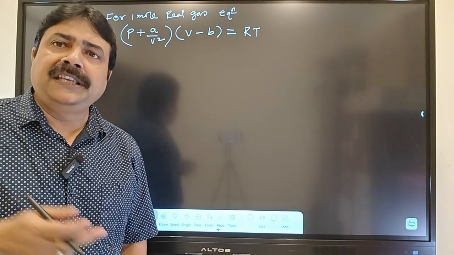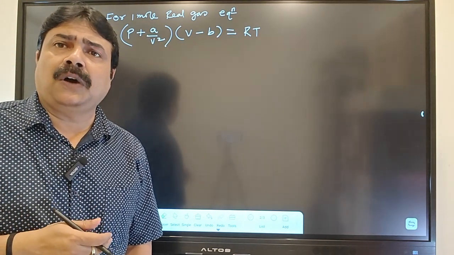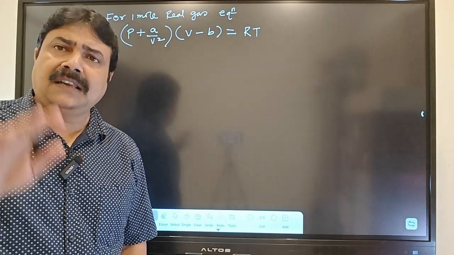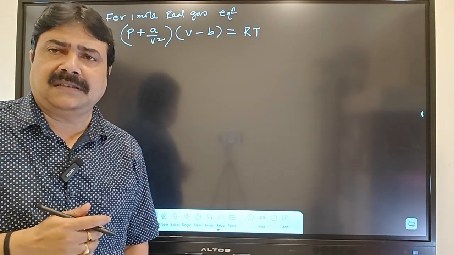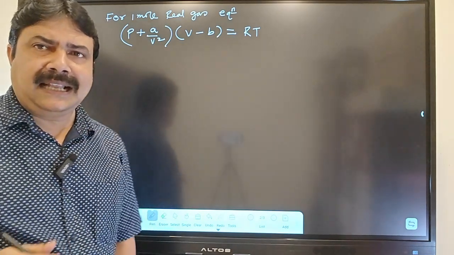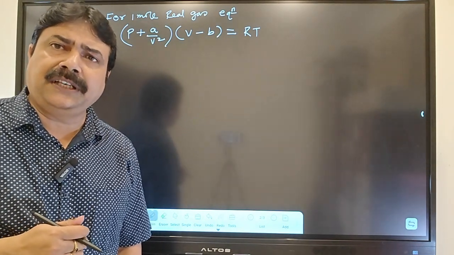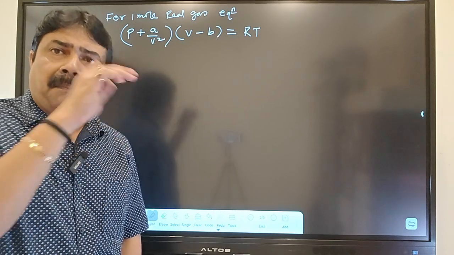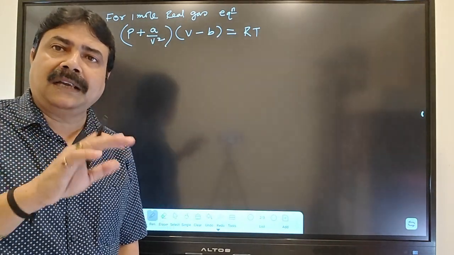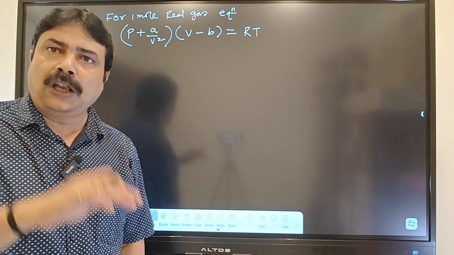Now in this ideal gas equation, if you observe carefully, pressure is there, volume is there, number of moles is there, and temperature is there. So PV = nRT. Whereas in the real gas, not only P and V terms and RT are there, but additionally something is added with pressure, and something is subtracted from volume.